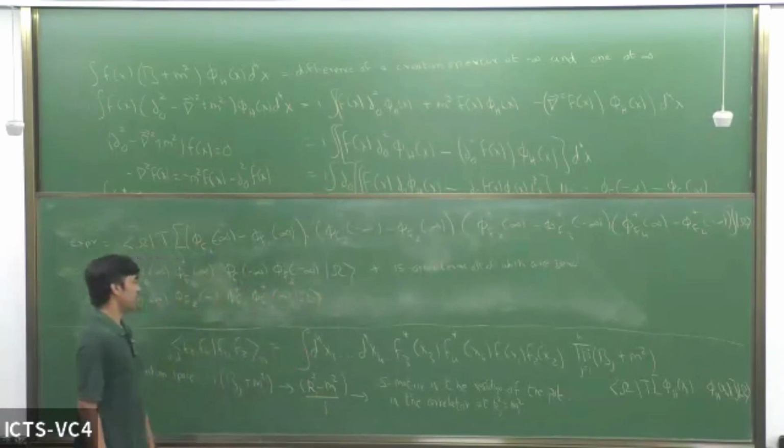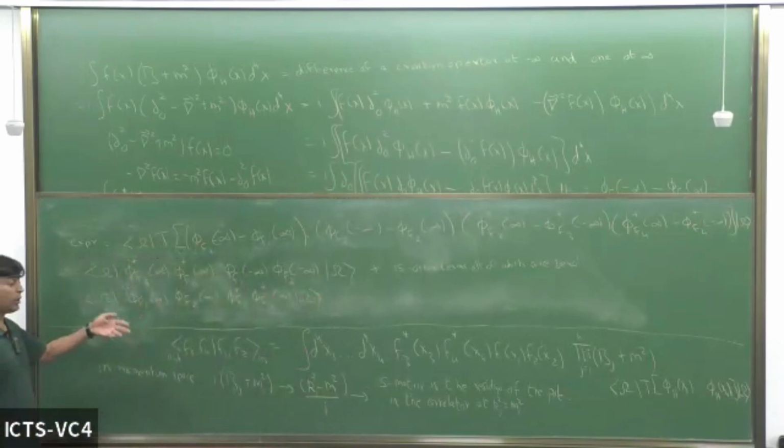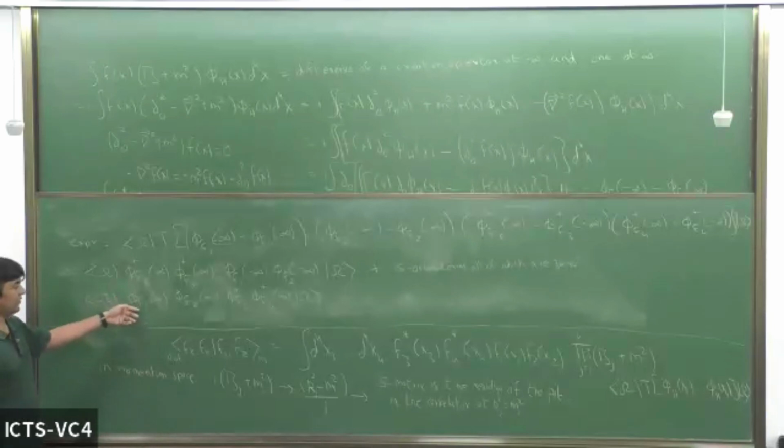However, remember that this is a creation operator. So it has only positive frequencies. Because it has only positive frequencies, it can't act on the vacuum. If it acts on the vacuum, it gives you 0. So this is a creation operator at plus infinity, but the creation operator at plus infinity, if it acts on the vacuum, is going to give you 0.